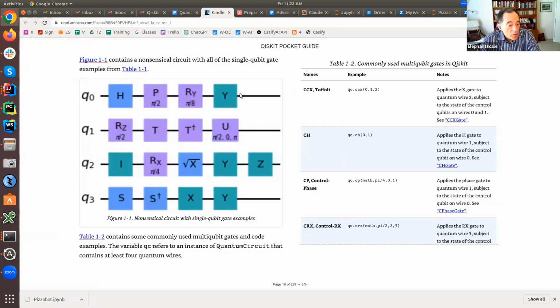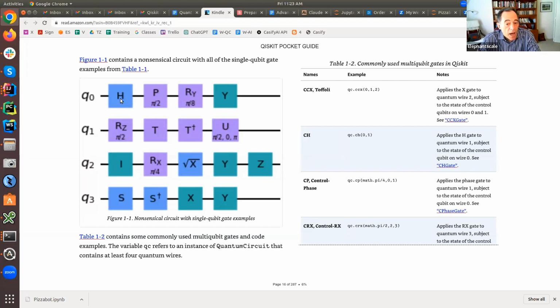What that shows is that you take a qubit, qubit 0, and apply different transformations to it. For example, a nonsensical circuit that doesn't do anything reasonable, but shows you how you can operate on quantum bits, on qubits.